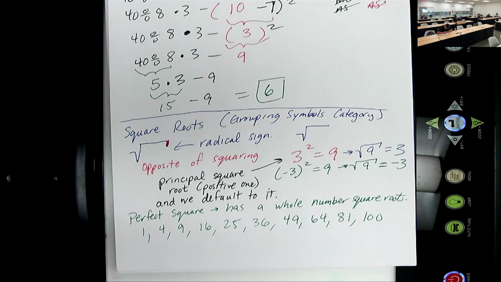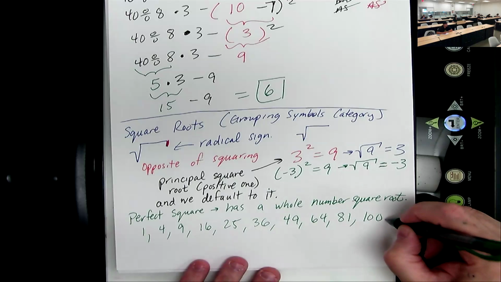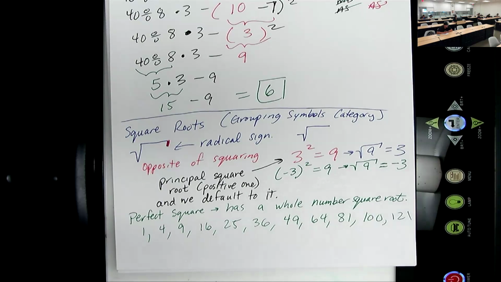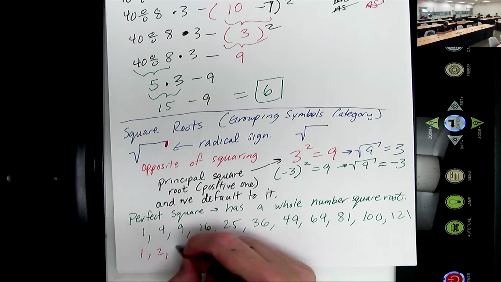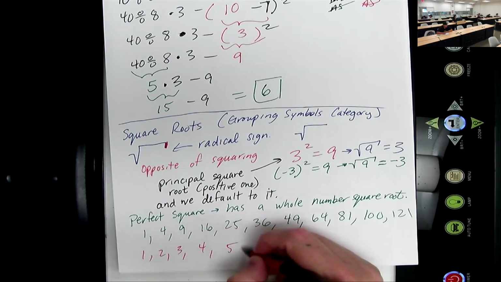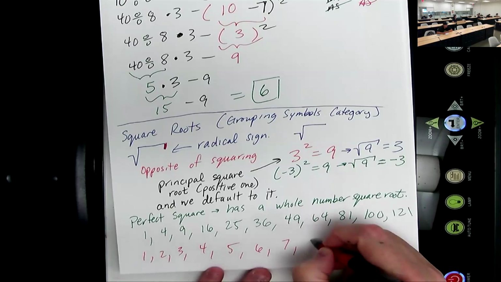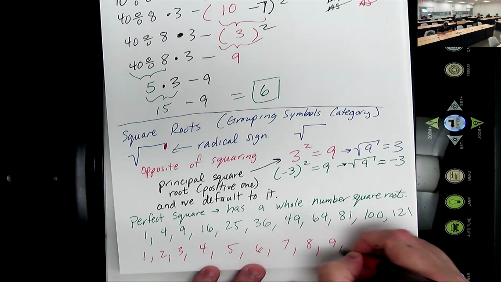And there's more, it keeps going. Next one is 121. The square root of each of these is 1, 2, 3, 4, 5, 6, 7, 8, 9, 10, and 11.